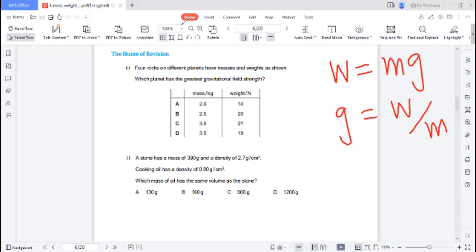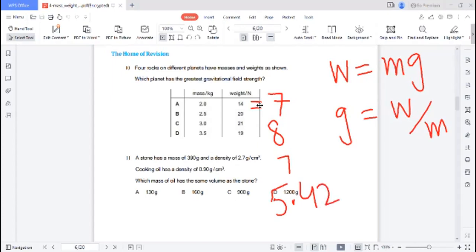So for the first one, weight divided by mass. Weight is 14, mass is 2. It would be 14 divided by 2 is 7. 20 divided by 2.5, it would be 8. 21 divided by 3 is 7. 19 divided by 3.5, it is 5.42.